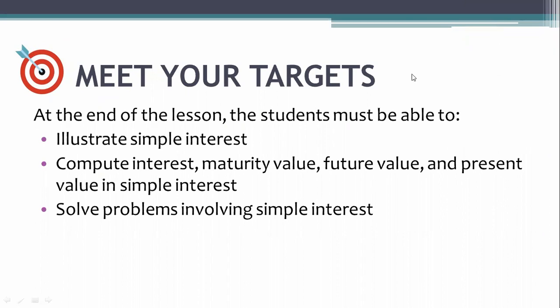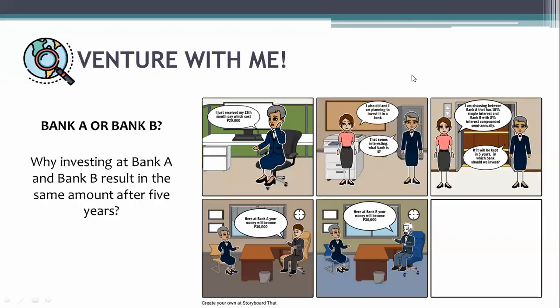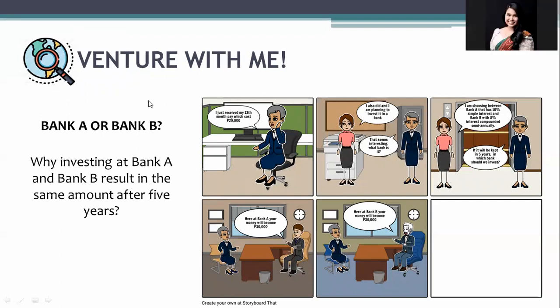And here's our venture activity for today. For example, we have two banks, Bank A and Bank B. And here's the conversation. "I just received my 13th month pay, which cost 20,000." "I also did, and I am planning to invest it in a bank."